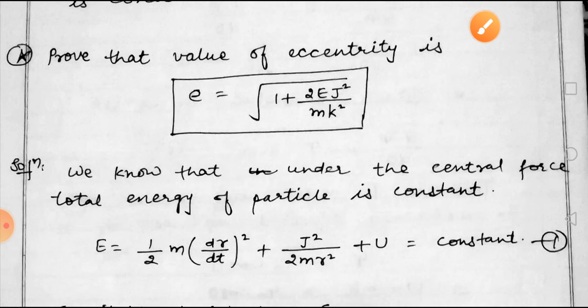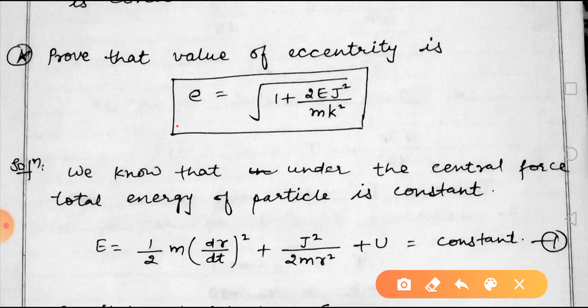Now next we prove that eccentricity e is equal to under root 1 plus 2Ej square upon mk square. So we note that under the central force, the total energy of the particle is constant, which we defined in the previous lecture.